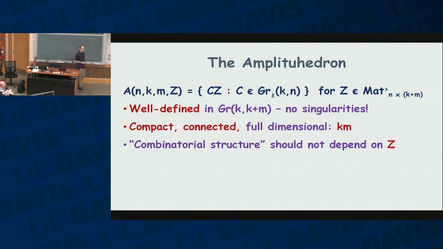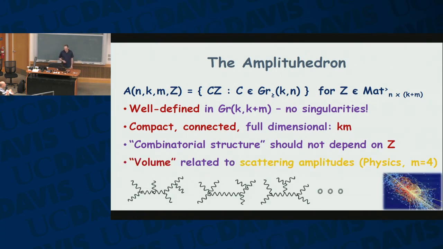Many of its properties do not depend on the fixed matrix Z. It was suggested that its volume, in some sense, which I'm not going to say much about, gives a physical quantity, which is a scattering amplitude, which is more or less the probability that a certain scattering occurs when some particles collide. Traditionally, these scattering amplitudes were computed completely differently, as a sum over Feynman diagrams.